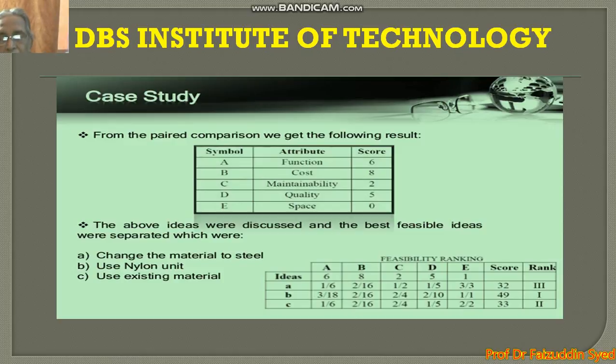There are different symbols A, B, C, D, E. For each symbol, attributes are there. The attributes are function, cost, maintainability, quality and space. Each attribute has got a score. Function got 6 score. Cost got 8 score. Maintainability got 2 score. Quality got 5 score. Space got 0 score.